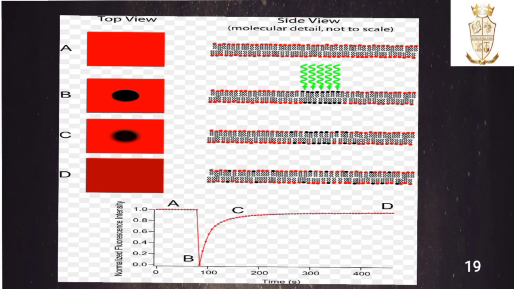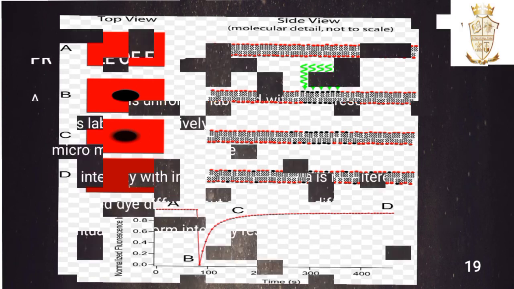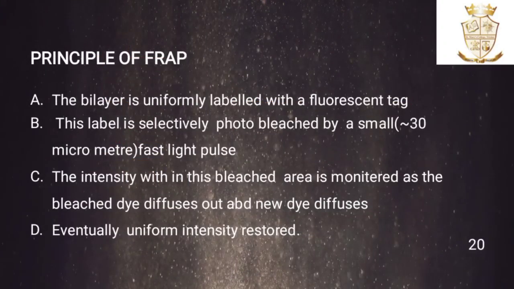Then the principle of FRAP, fluorescence recovery after photobleaching. First, the bilayer is uniformly labeled with a fluorescent tag.